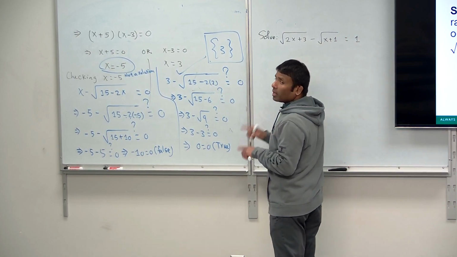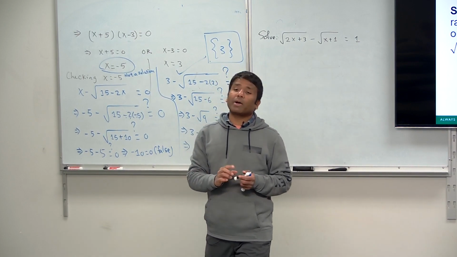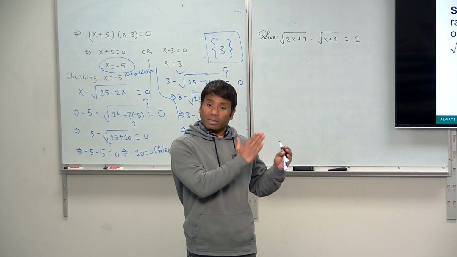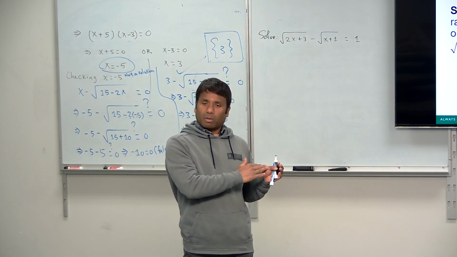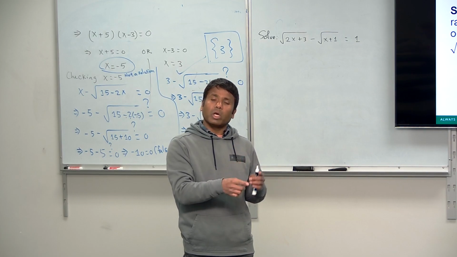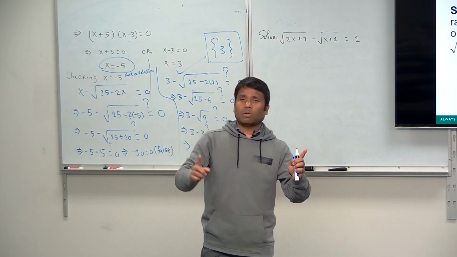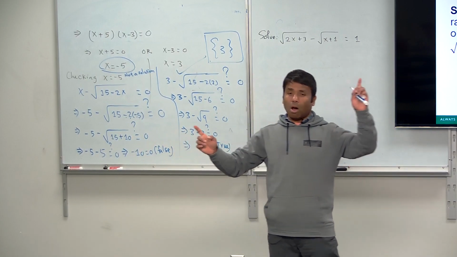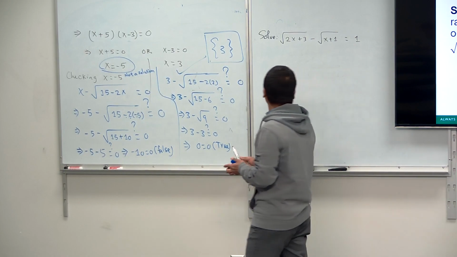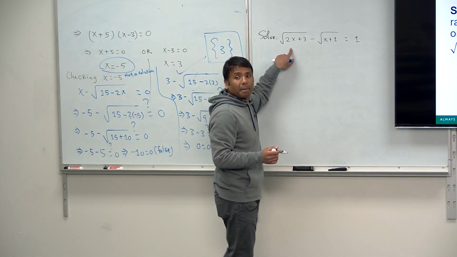So now in the previous problem, if you remember, we only had one radical term, right? And then we isolated it, we kept that on one side, right? But here we have 2. So that means you have to keep one on one side and the other one on the other side. That makes sense?